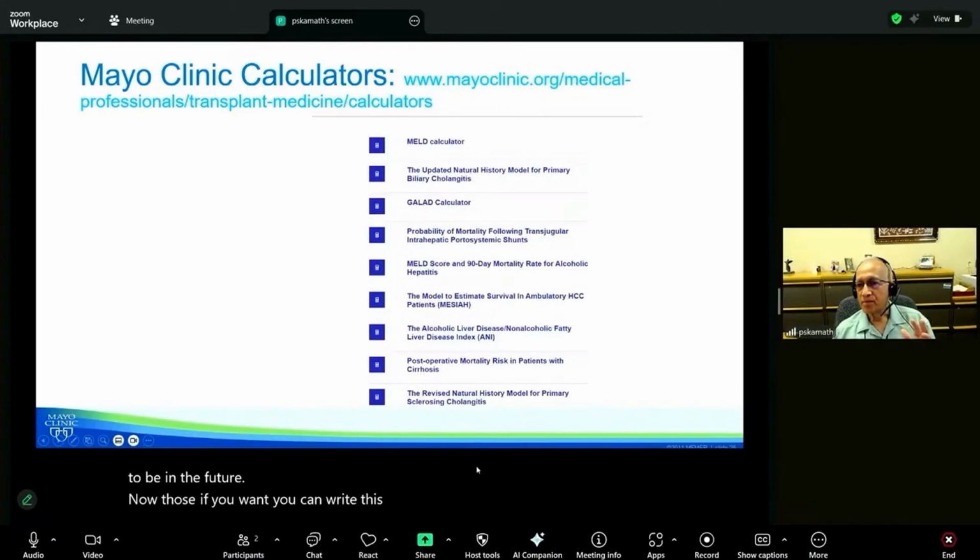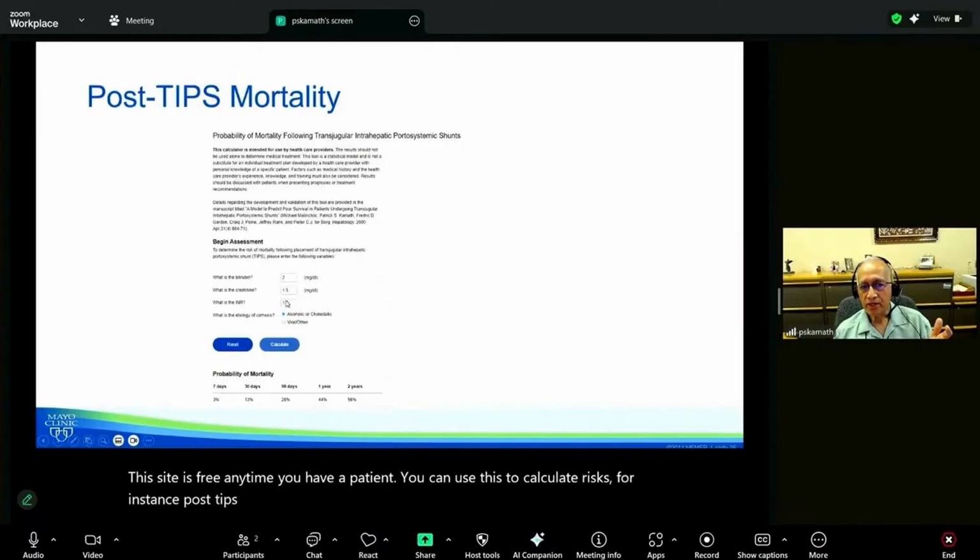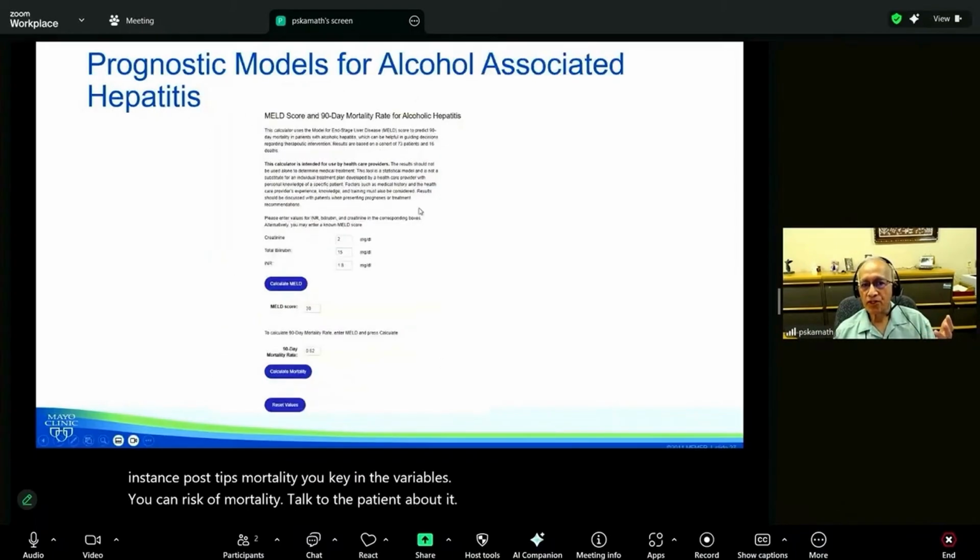This site is free. Anytime you have a patient, you can use this to calculate risks. For instance, post-TIPS mortality. You key in the variables, you get the risk of mortality, talk to the patient about it. Prognosis in alcohol-associated hepatitis, we put in the variables and we can get 90-day mortality in here.